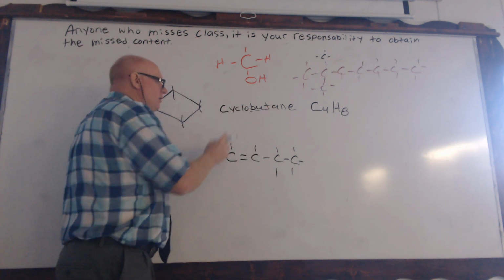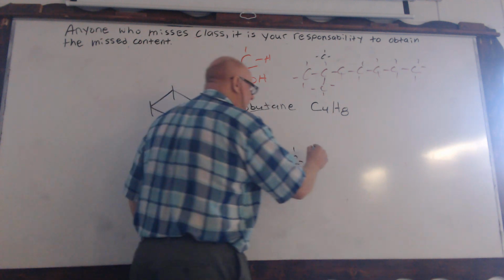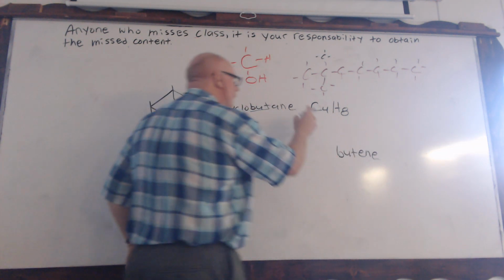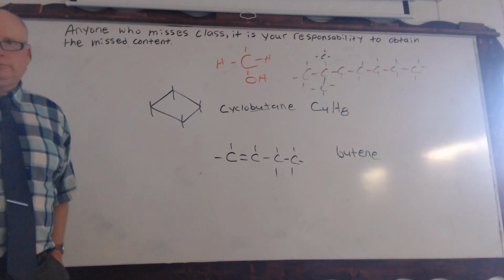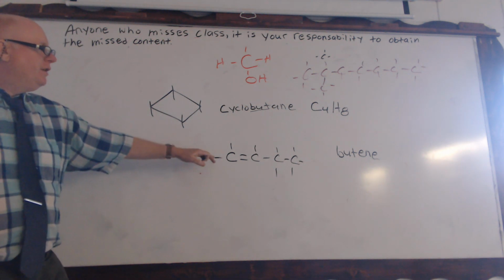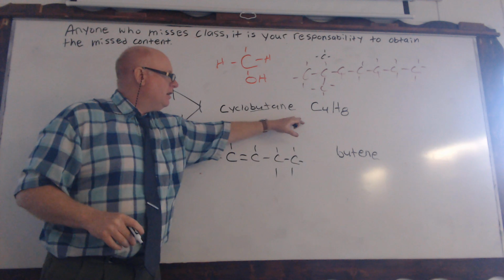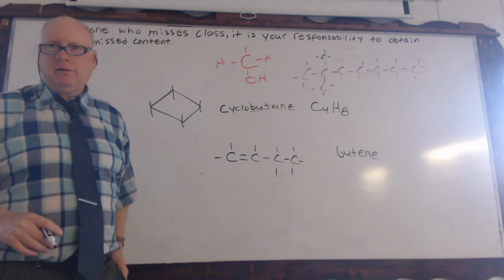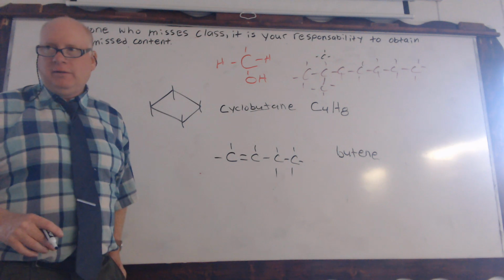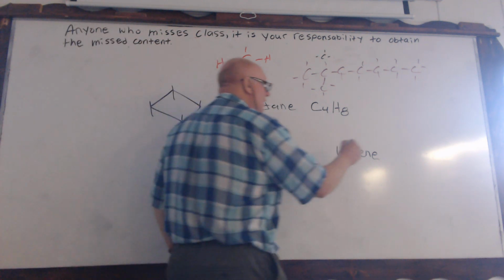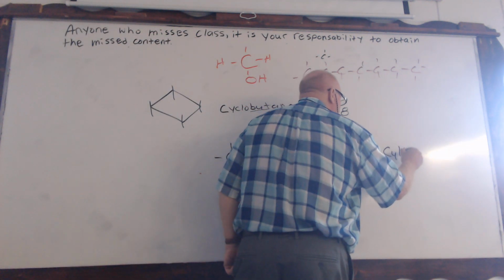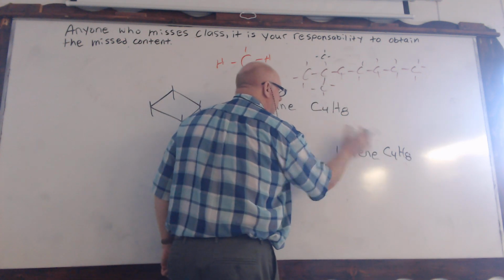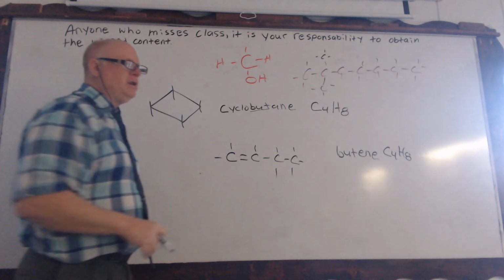We know it's not a ring structure, but the difference we see, what's the formula between the two? Remember we counted out the carbons here, what would happen if we count out the carbons and hydrogens for that? Yeah, you would receive C4H8, okay? So you have the same formula here, but you have two totally different structures.